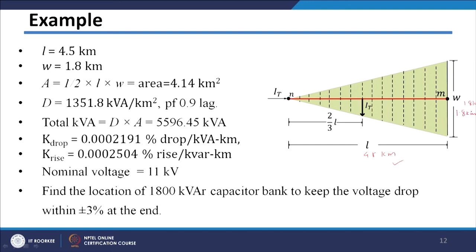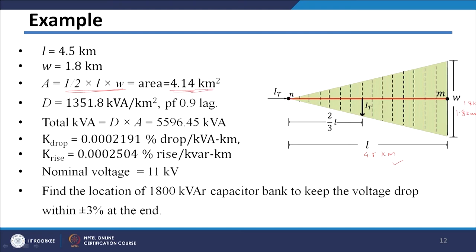Therefore, the area of the triangle will be 1/2 length into width, which is the area of the triangle in kilometer square.